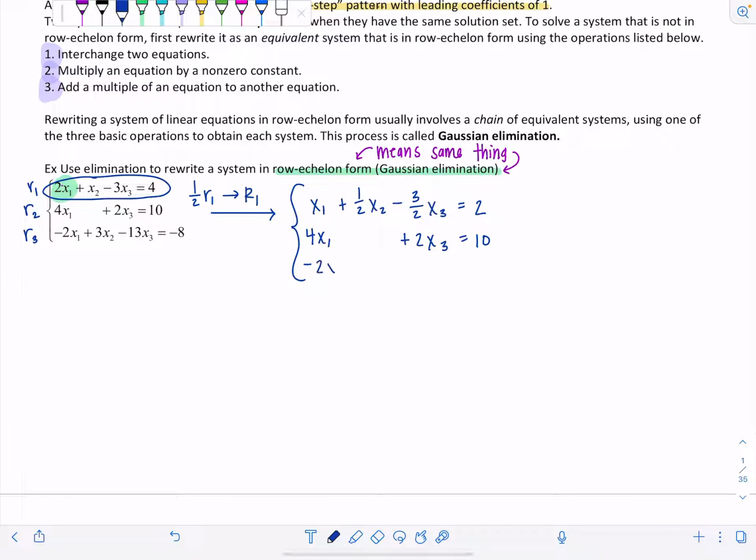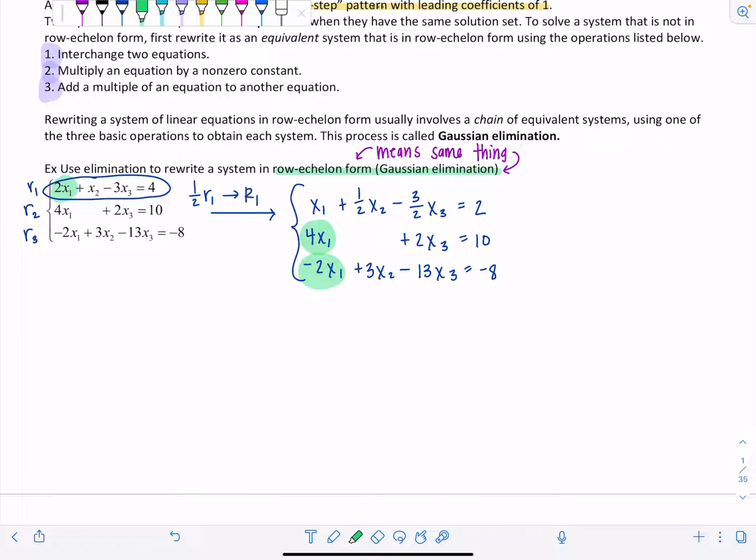And then negative 2x1 plus 3x2 minus 13x3 equals negative 8. Okay, so the stair-step pattern that we're looking for is now I want to have zeros underneath the rest of the first column, underneath all of the entries that lie beneath x1.